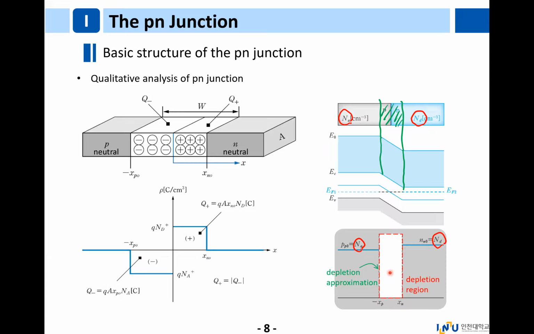Within this depletion region, only fixed donor and acceptor ions remain, creating a built-in electric field. This built-in electric field counteracts diffusion, and in thermal equilibrium, carriers come to rest without further movement.